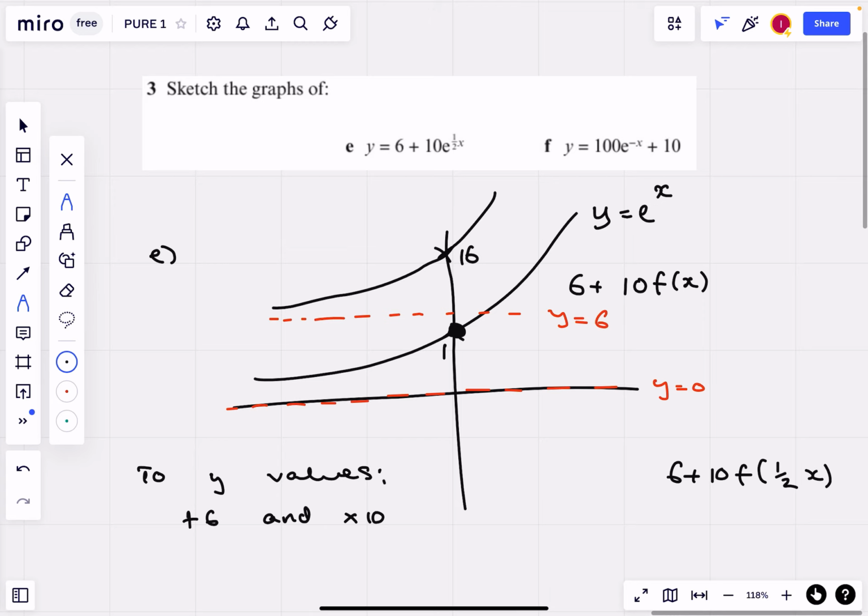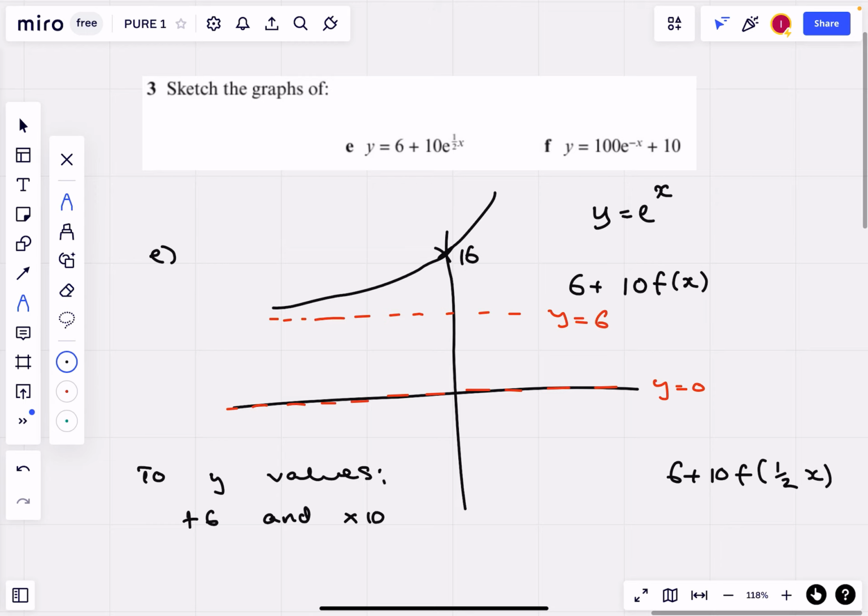So in this case, just having the 16 and the y equals 6 asymptote is enough. Okay, that is the breakdown of that question. If you feel like you understand it more and you want to give F another go, feel free to right now. If not, I'm going to go through F now.